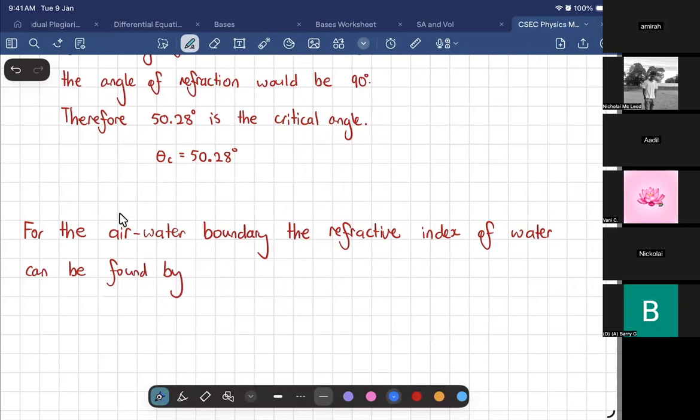And Nikolai, do you remember the formula? So the refractive index can be found by n is equal to 1 over sine c.